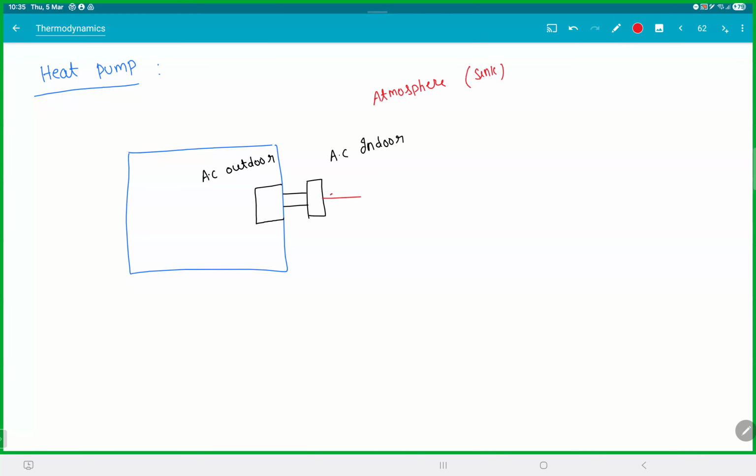So you take heat Q2 from the sink. You have to provide electricity for this. In this process, you reject heat Q1 to the source, the room. Can you see what we can do? We can actually heat up the room better.